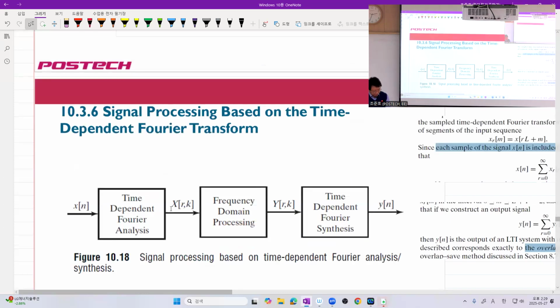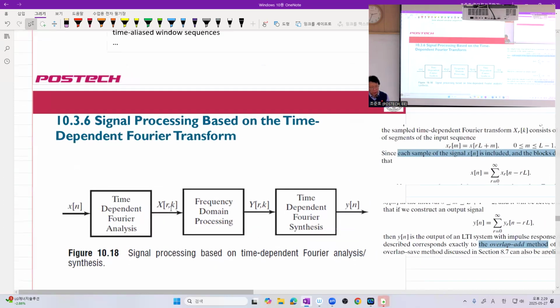By the way, there are some applications of the short-time Fourier transform or time-dependent Fourier transform, and that looks like this. Sometimes we perform the short-time Fourier transform, do some signal processing, and then try to synthesize the signal by inverting the two-parameter transform to get y of n.